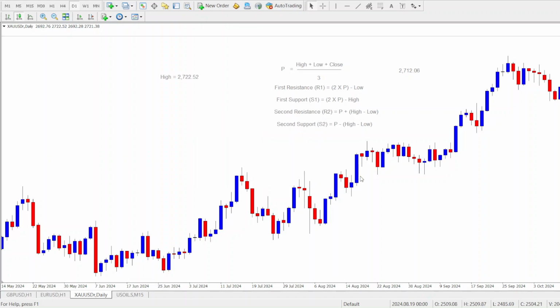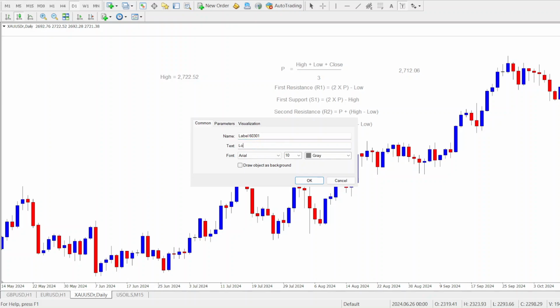Then our low, let us check what our low is. Our low is 2692.28.